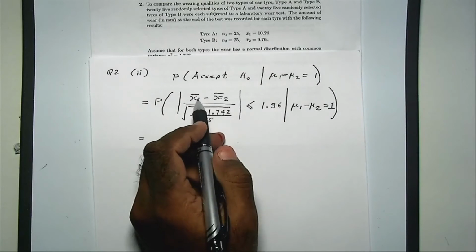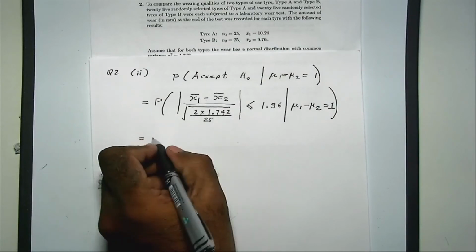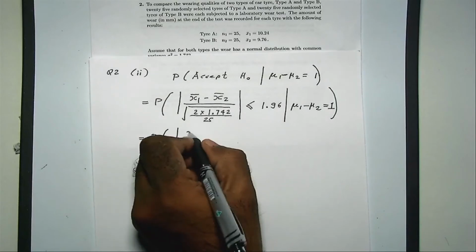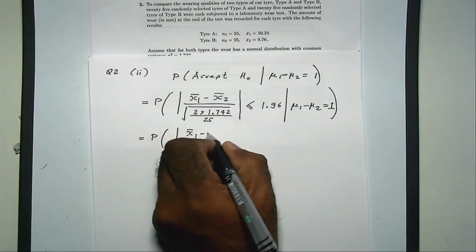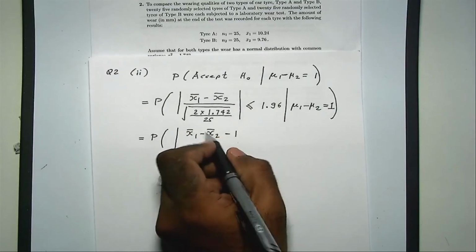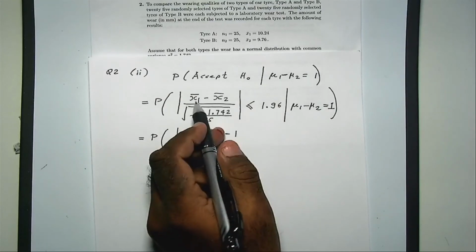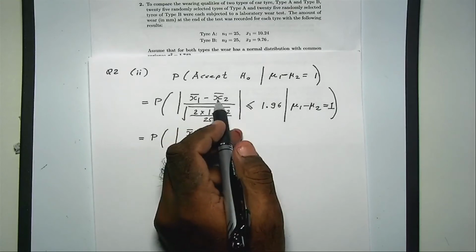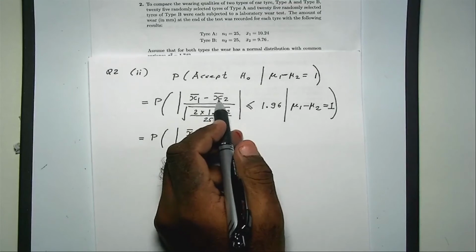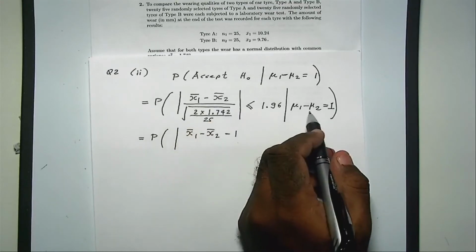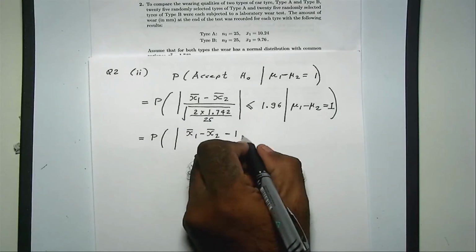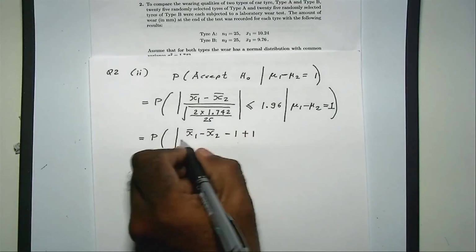The first thing to realize is that we should subtract a 1 here, because this statistic is based on the fact that the difference between the true population means is equal to 0, but now we are assuming it is 1. So we need to introduce the minus 1 and add a plus 1.